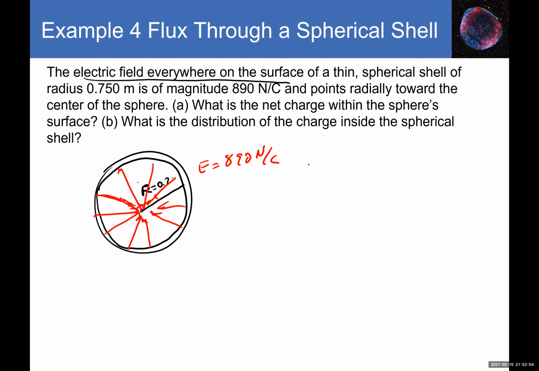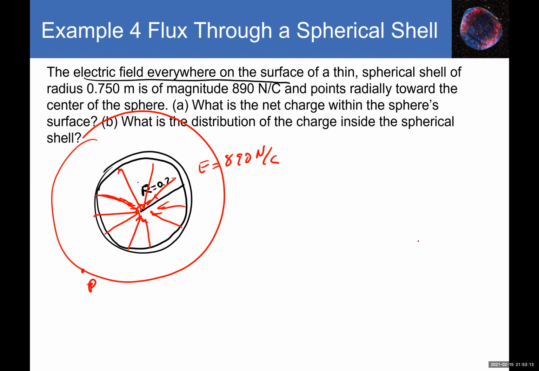All right. So in order for us to do that, we just choose some point P here, and then we surround it with some Gaussian surface, like this. And we want to find the electric flux.